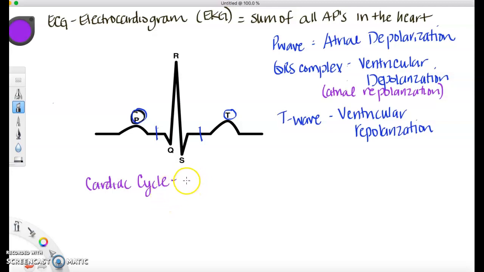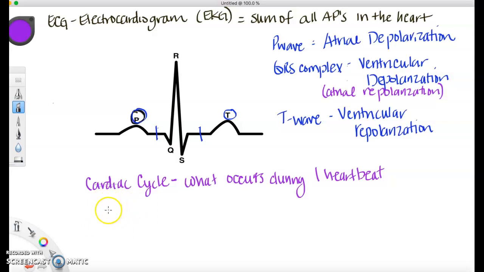So what occurs during one heartbeat? So we need to get some sort of vocabulary out of the way here to understand or be able to talk about the cardiac cycle.